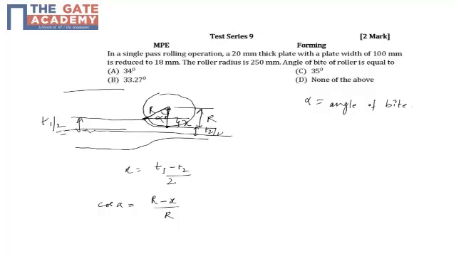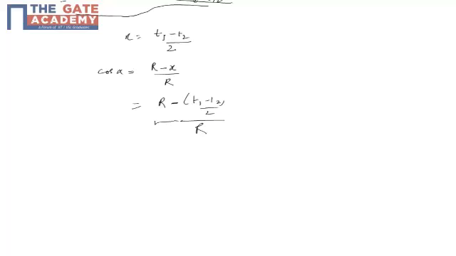So r minus x, and x is again (T1 minus T2) by 2, by r. So that becomes 1 minus (T1 minus T2) by 2r.